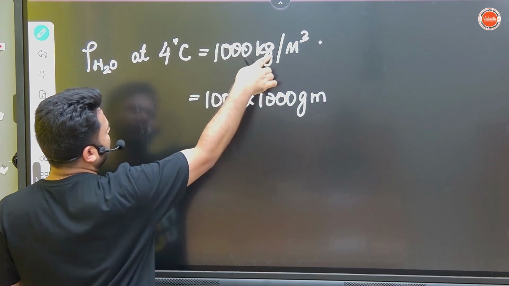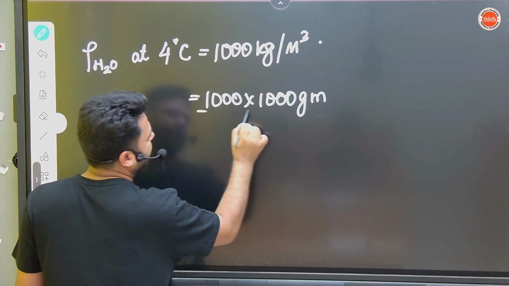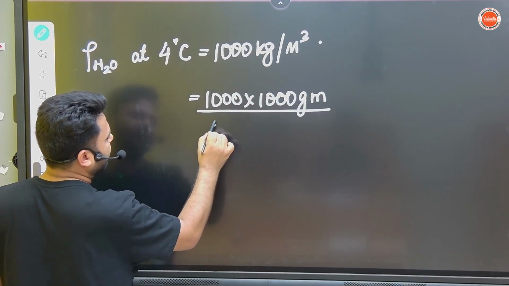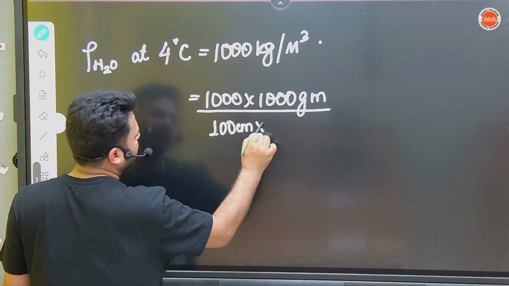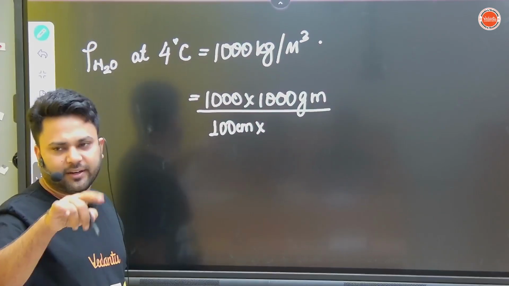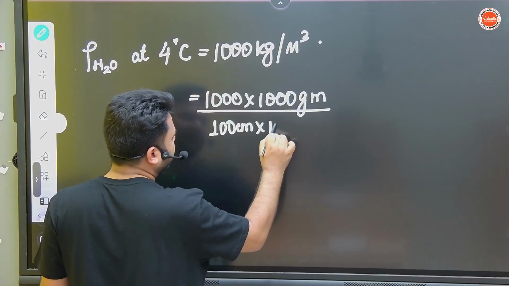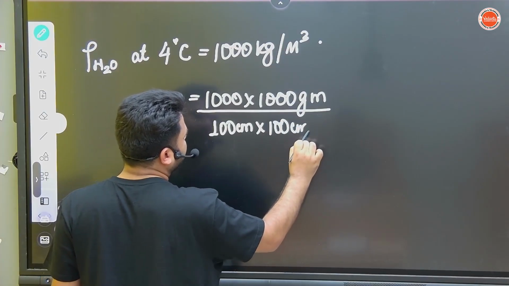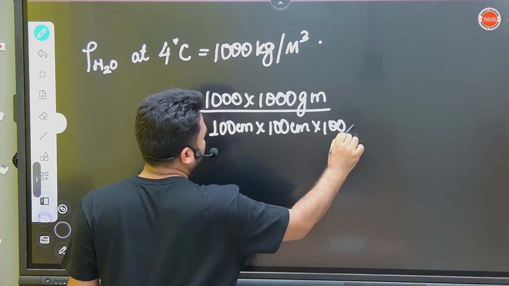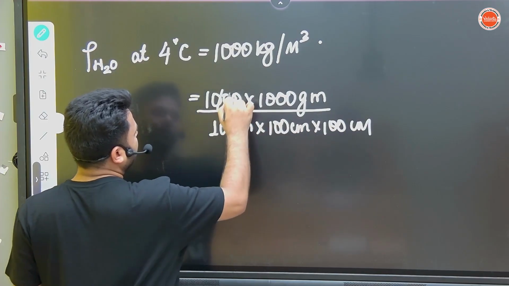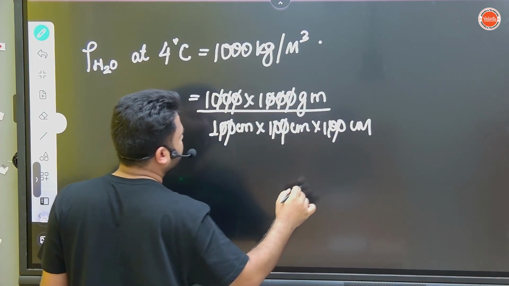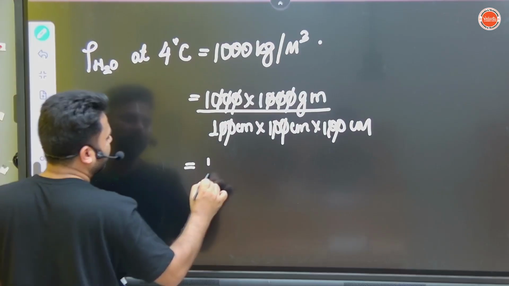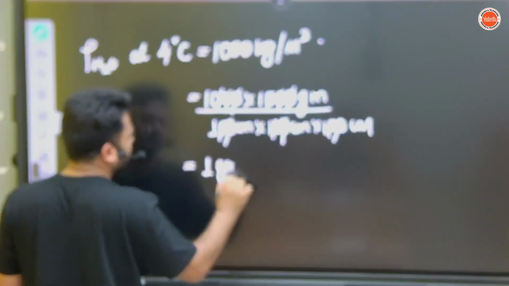See, 1000 into 1 kg we can write, and 1 meter cube we can write as 1 meter into 1 meter into 1 meter. 1 meter is 100 centimeter. So 100 centimeter into 100 centimeter into 100 centimeter. So it is coming 1 gram per centimeter cube.